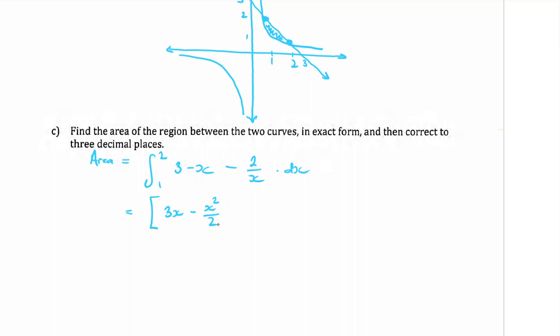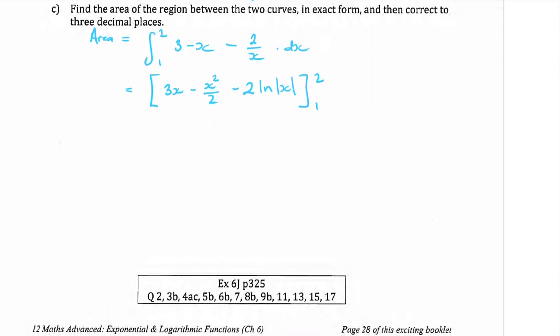So the 2 slides out the front, minus 2 ln of x. Is everyone okay with that? Close square brackets between 1 and 2. So now, anytime you are integrating fractions, it's not always, but a lot of the time, you've got to be thinking logarithms from now on. Okay? All right.